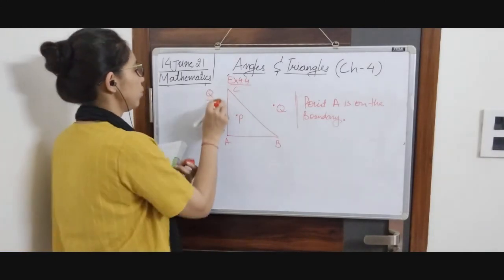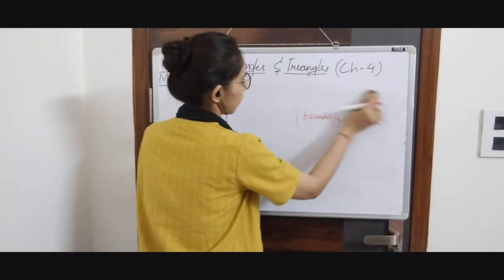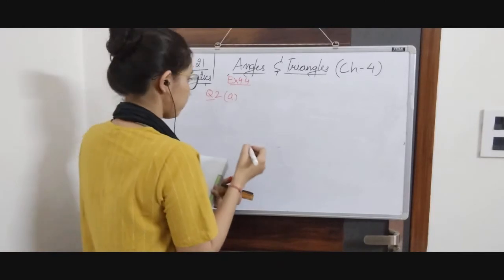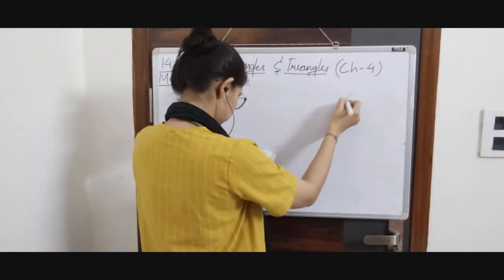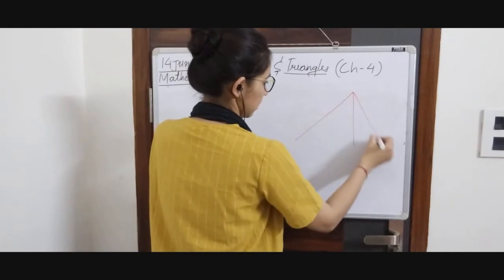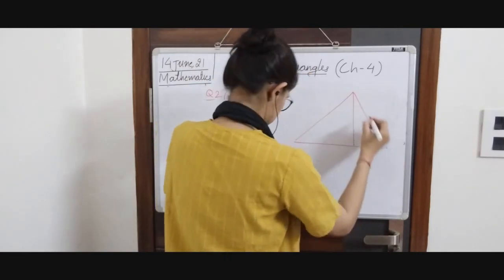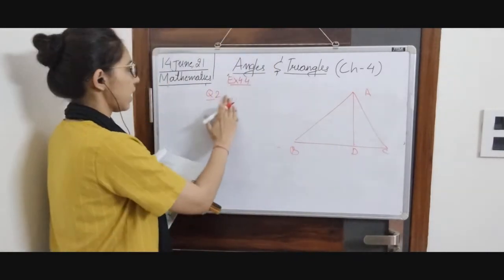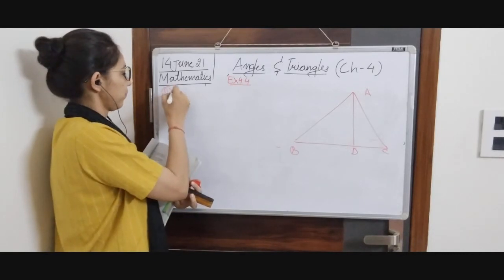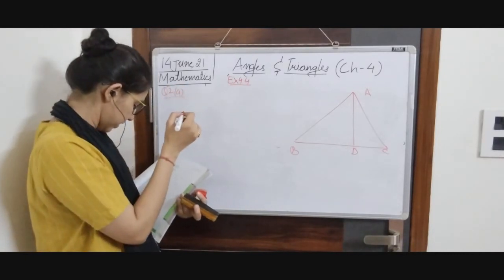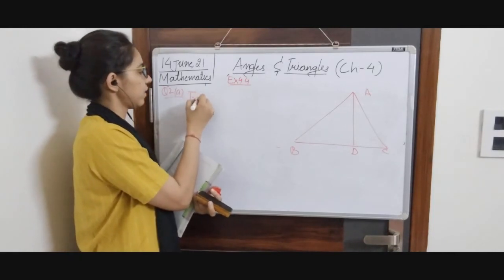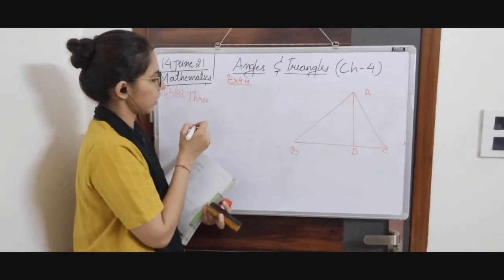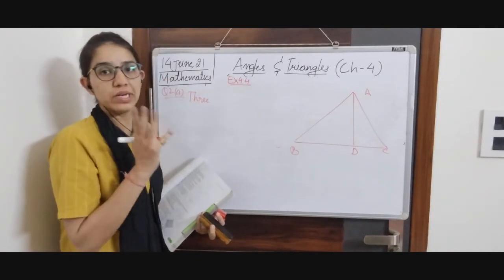Now question number 2, part A. Okay, we are given a figure. The figure is like this: A, D, C and B. In the first part we have to identify three triangles. Three triangles means we have to identify the curves made up entirely of three line segments.